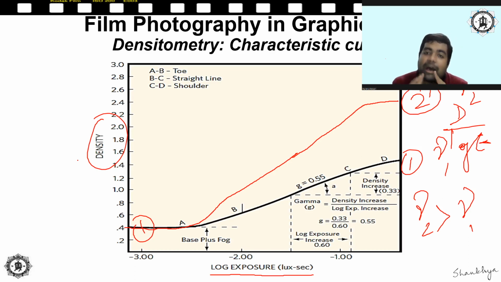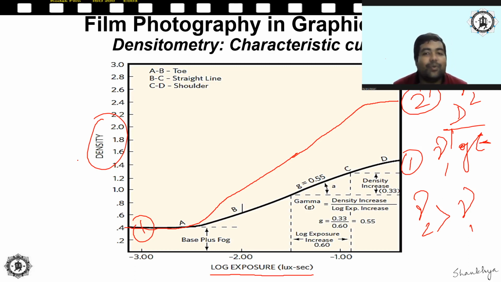So that means our eyes are not responding uniformly or linearly with equal changes in the amount of light. That is why, when we talk about exposure, when we talk about light, we always use a logarithmic scale in any exposure measurement, densitometric or colorimetric metrology, to account for the logarithmic response of the human eye towards light.